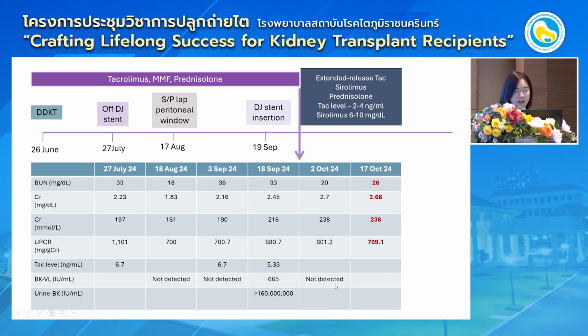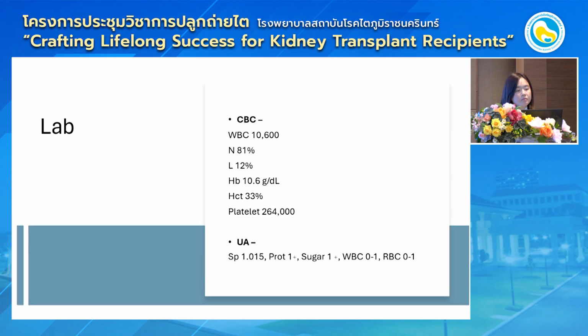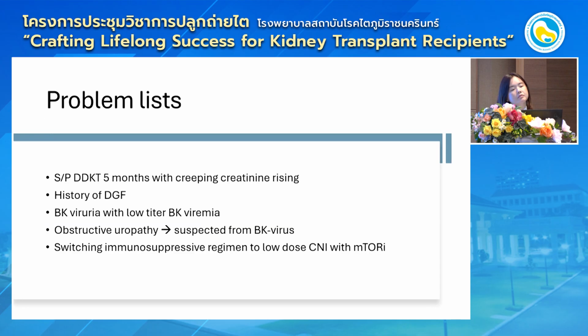Actually, when I followed the BK viral load at that time, it was no longer detected in the blood. For other investigations, CBC showed hemoglobin around 10.6 and hematocrit around 33. Platelet is normal. UA showed no red blood cells and no white blood cells.